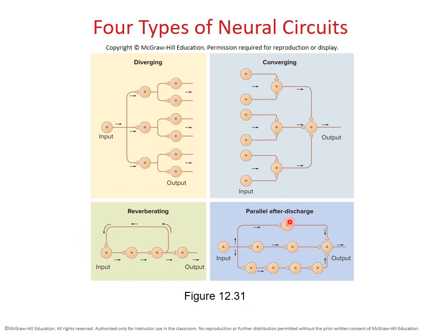And then the parallel after discharge, essentially you start with a diverging circuit, which leads to chains of synapses of varying lengths, which then converge back on a single postsynaptic cell. So really the best way to describe the parallel after discharge is a diverging circuit followed by a converging circuit.